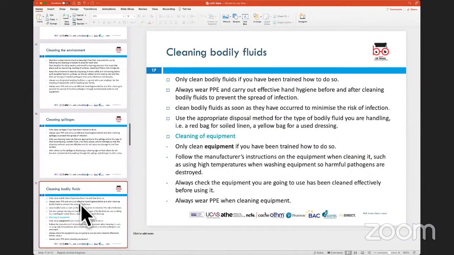Cleaning the environment, cleaning spillages. We talk about cleaning bodily fluids, and then obviously disposal of bandages, the wounds which have been dressed, or when we look at linen which has been used by a patient, you see bed sheets and bed covers and all the bits, they get changed after a patient has been seen by the doctor or has been discharged from the ward.